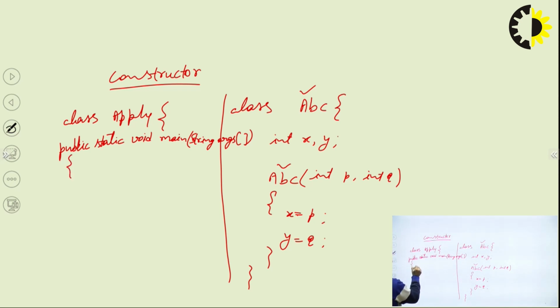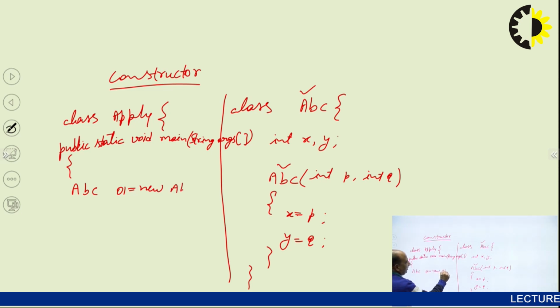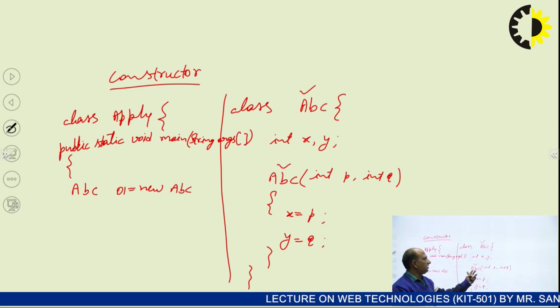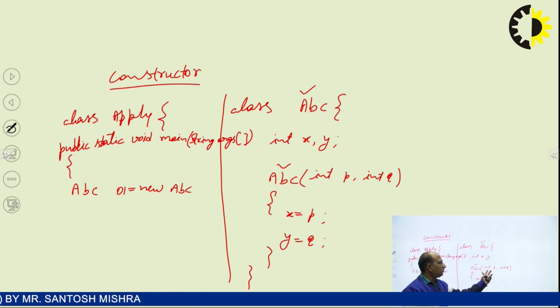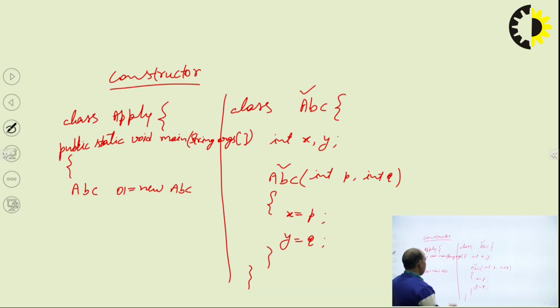In this main function I have created an object: ABC, space, object name, let's say o1 equals new ABC. Since this constructor has two integer type parameters, we have to pass two integer type parameters over here.